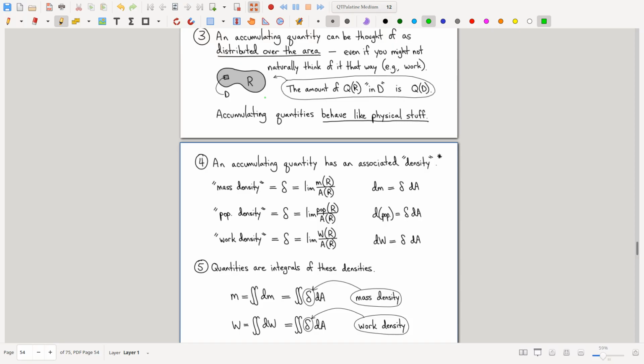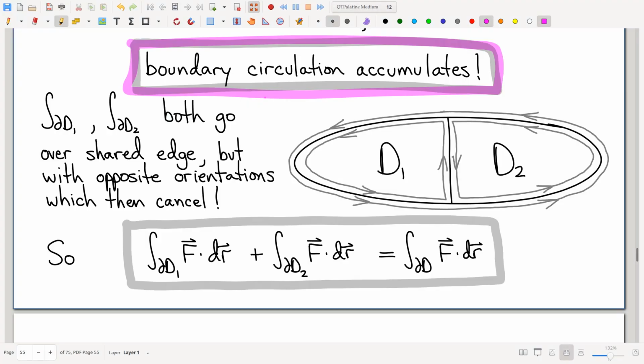And we're just going to do the same thing now with our new accumulating quantity, boundary circulation. We're going to view it as being a substance, even though it isn't. We're going to write down an associated density, and we're going to compute it with an integral, just like we've done before.